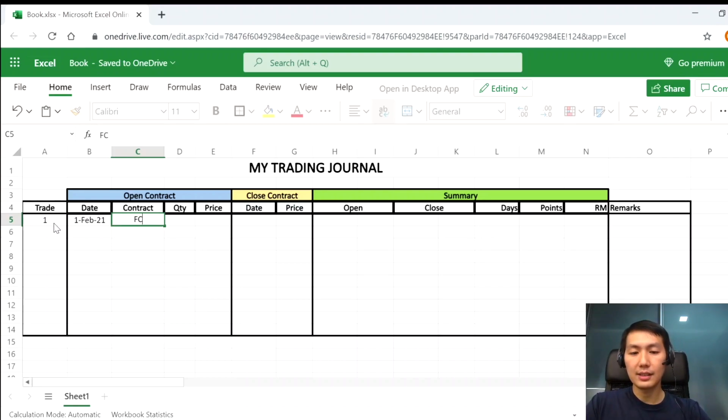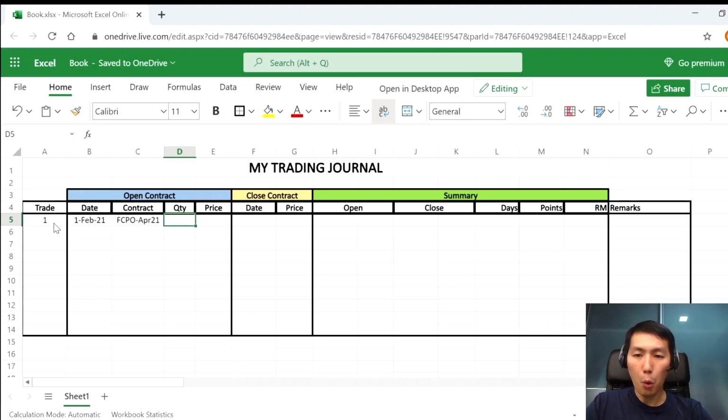Since I trade the FCPO contract, I type in FCPO, and since now is 1st of February, the available third month contract that I should be trading is the April 2021 contract. This is where I enter the contracts that I have already entered.